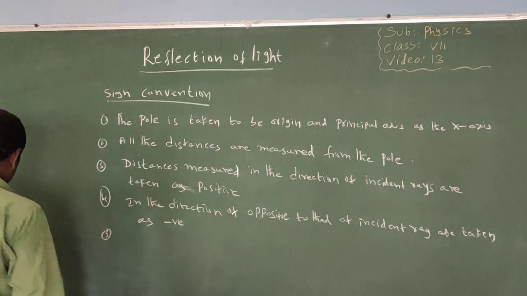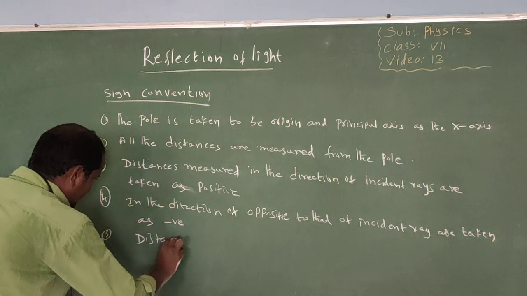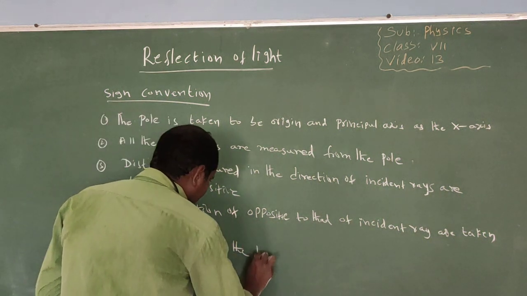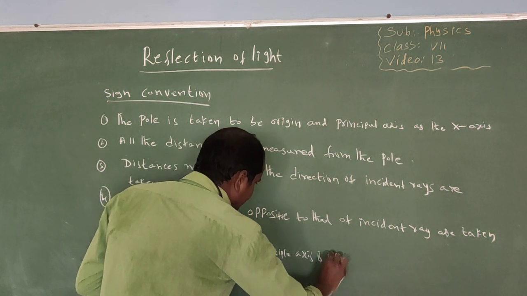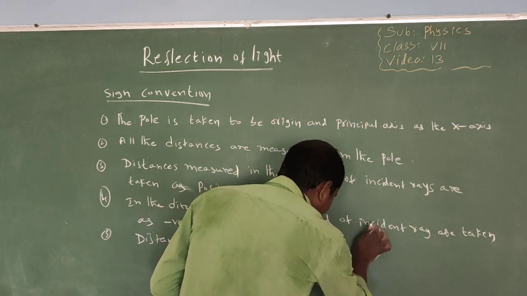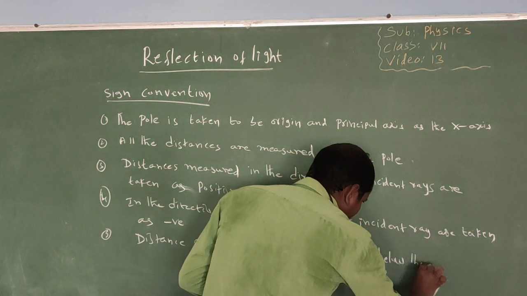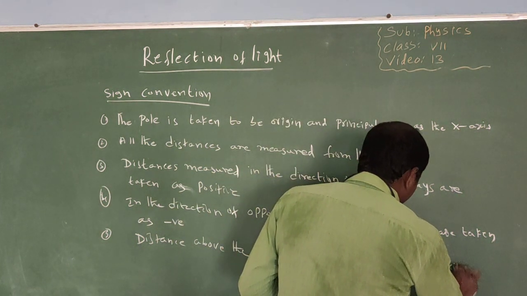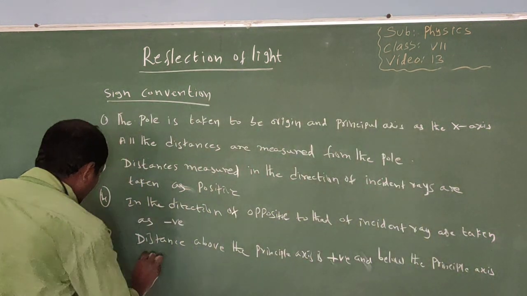The distance above the principal axis is positive, and below the principal axis is negative.